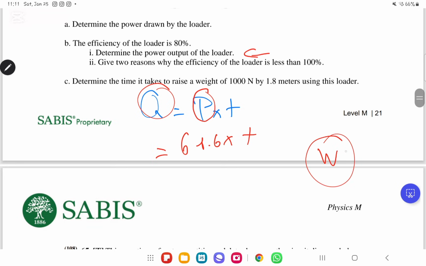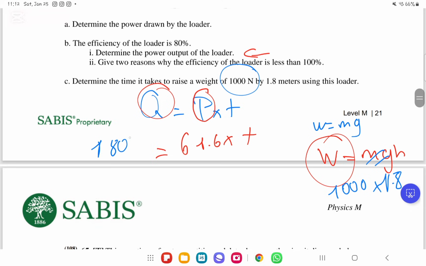To find the work, we need to do mgh. So W is equal to mgh because we are dealing with height. We are already given the weight, and we know that the weight is equal to m times g. So we have the weight, 1000 newtons, times the height, which is 1.8 meters. So you are going to get the work or the energy to be 1800.